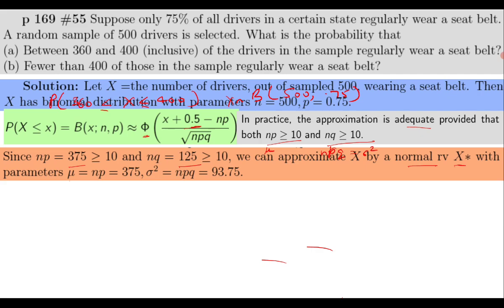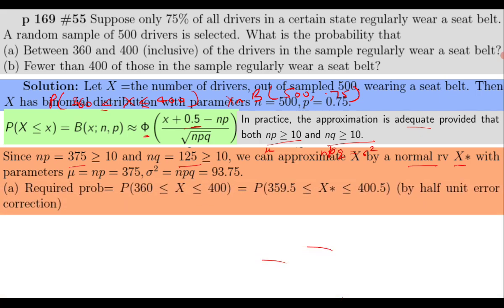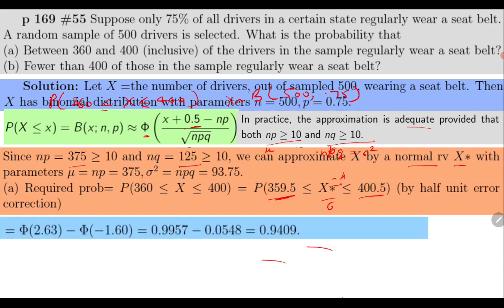If you do all of this, then it turns out to be, as I told you, that 0.5 error. Now on both the sides you do minus mu and divide by sigma, and that gives you phi of 2.63 minus phi of minus 1.6.